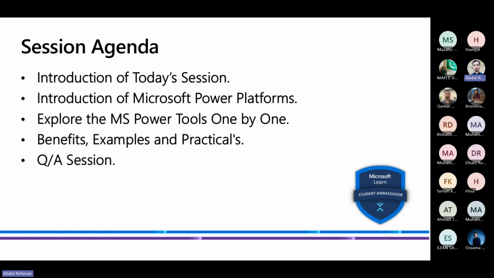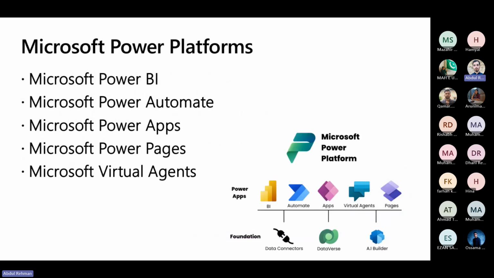So let's get started with Microsoft Power Platform, which is our topic today. Microsoft Power Platform provides a user-friendly interface, and it includes tools like you are seeing on the screen: Power BI, Power Automate, Power Apps, Power Virtual Agents, and Power Pages.